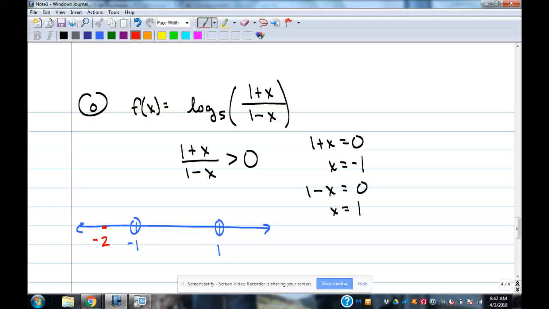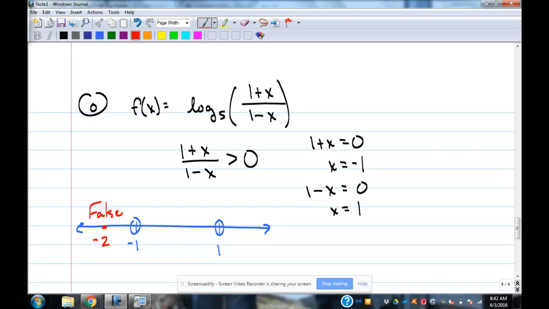So we have negative 1 over positive 3, which is a negative fraction. Is that greater than 0? No. So that area is false. So we know that's not going to be part of our domain.